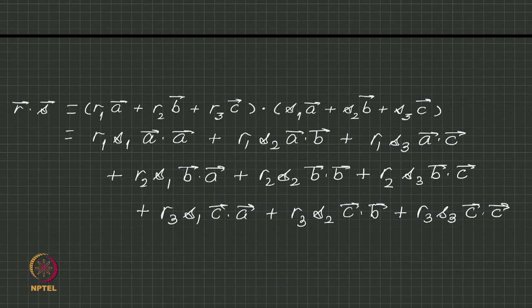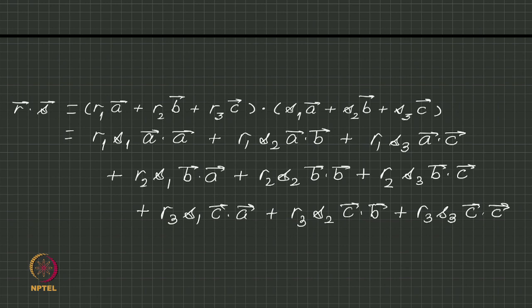You can see, unless and until alpha, beta or gamma is 90 degrees, none of these dot products is going to vanish. Thanks to the Cartesian system, an orthogonal system, where all three angles are 90 degrees, all the non-similar dot products A dot B, A dot C, B dot C vanish.